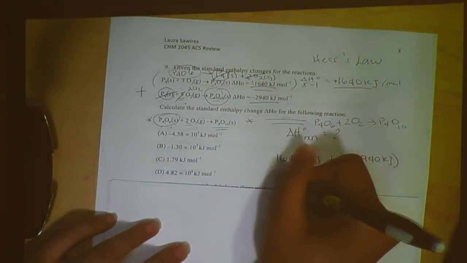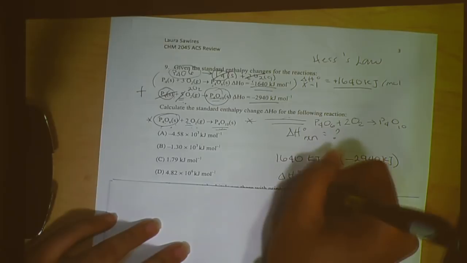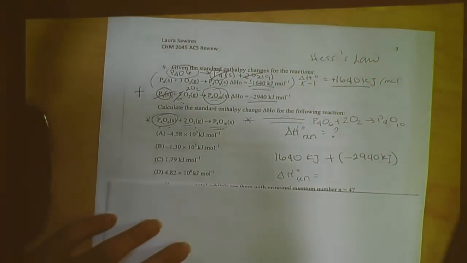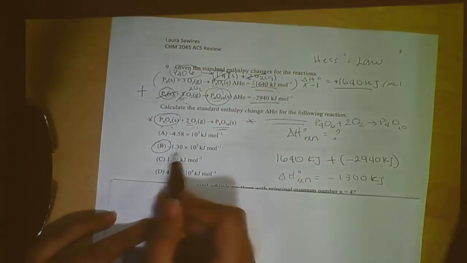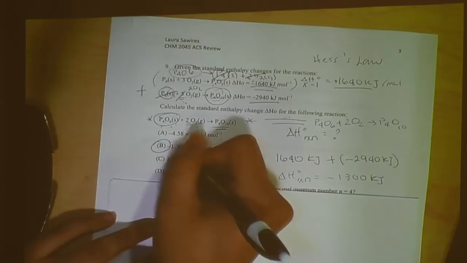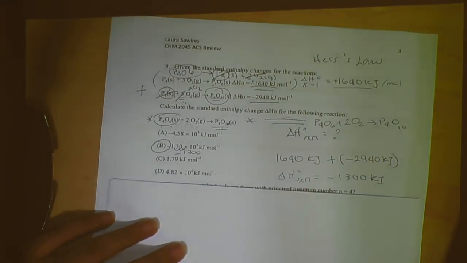And that gives me delta H of the reaction, which is 1640 minus 2940. Gives me a negative 1300 kilojoules, which is B, because it's negative 1.3 times 10 to the third, which is negative, if I move the decimal point 3 times, it's negative 1300. So it's going to be B as my answer.